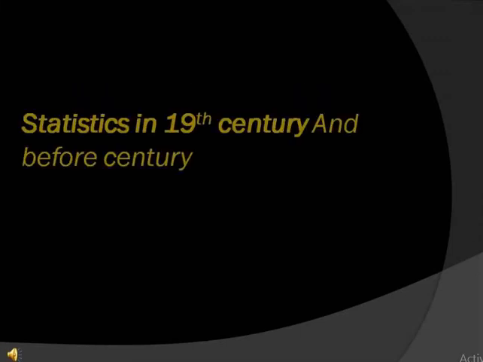In the 19th century, there came a change in the meaning of the word statistics. The first change occurred when it began to be used in a narrow sense, describing the characteristics of a state by numerical methods.